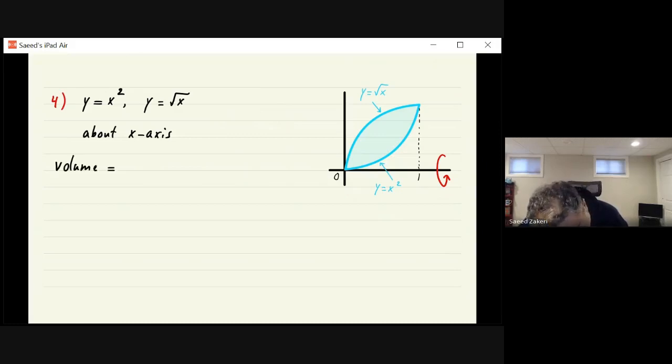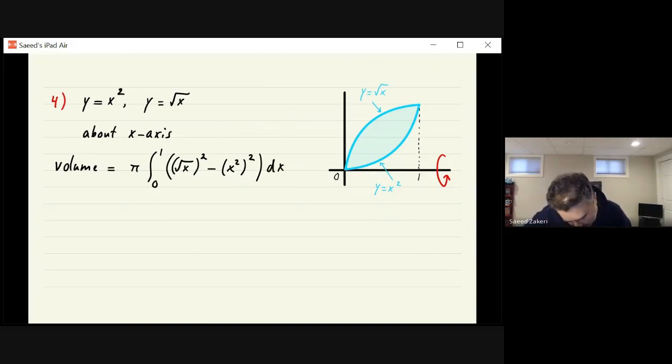The volume is pi, integral from a to b, which is 0 to 1. I have to square the upper function minus the lower function squared. Let me write it like this. And then I will simplify it. That's all there is to it.